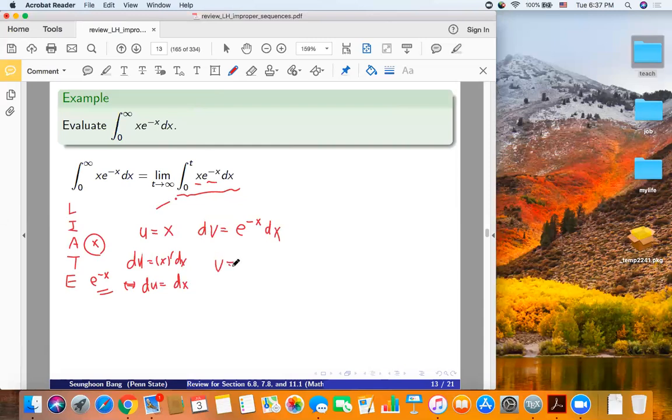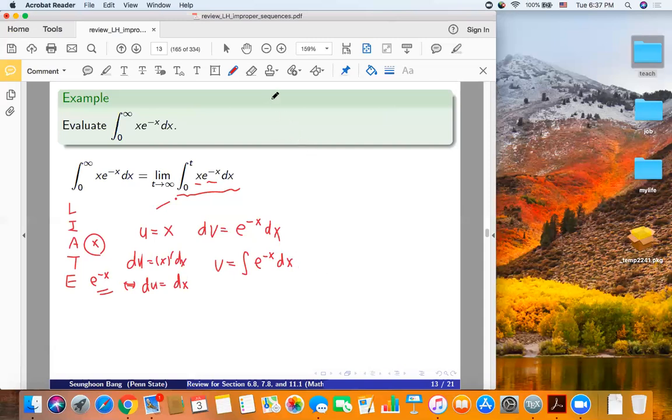What is v? Do you know what v is? Minus e to the minus x, is it right? How can you find v? You can calculate the integral of e to the minus x dx. How can you find the integral of e to the minus x dx?